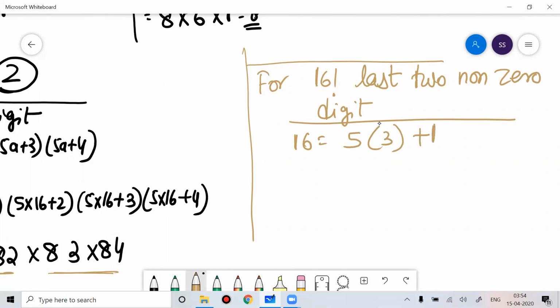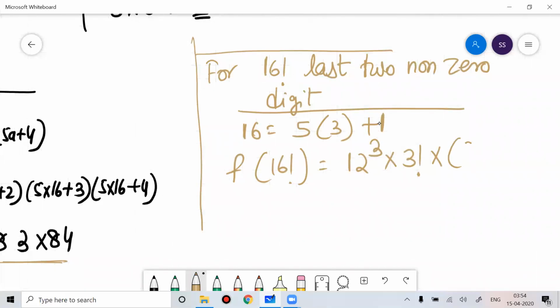So for 16 factorial, 12 to the power 3 into 3 factorial into (5 into 3 plus 1), because here the remainder is only 1. What is 12 to the power 3?